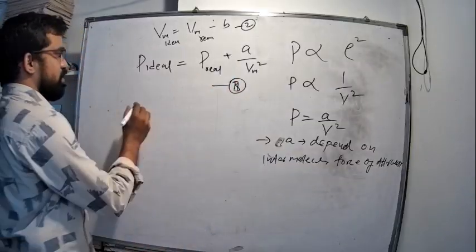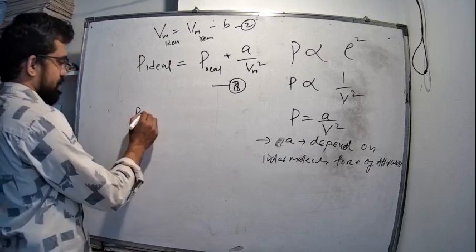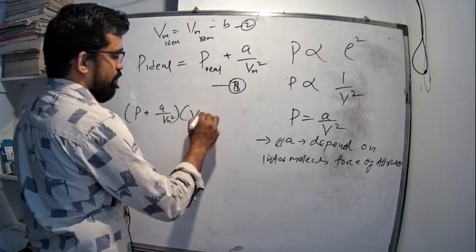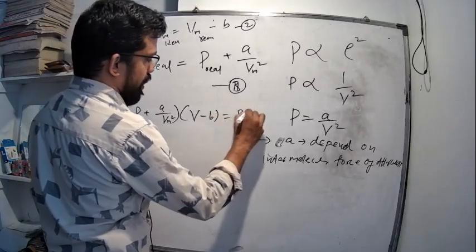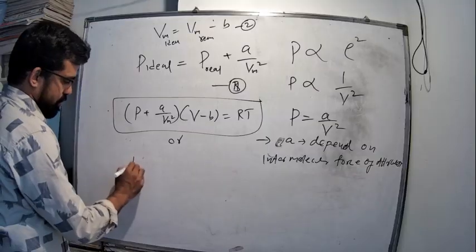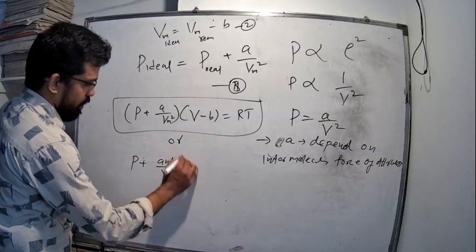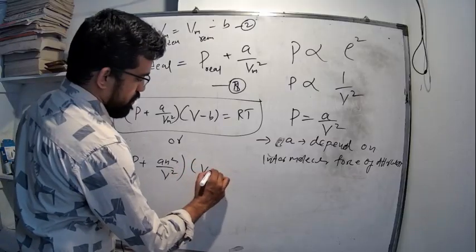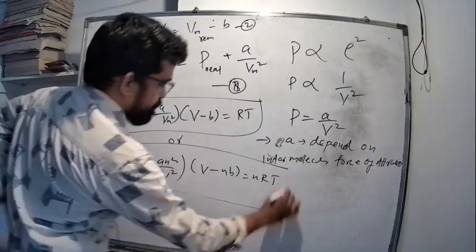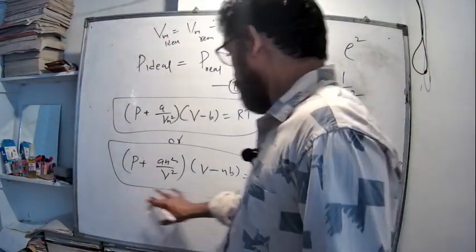Putting all together in the previous equation, P plus A by Vm square into Vm minus b is equal to RT, or this can also be written like this: P plus An square by V square into V minus nb is equal to nRT. So this is all about the Vanderwaals equation.